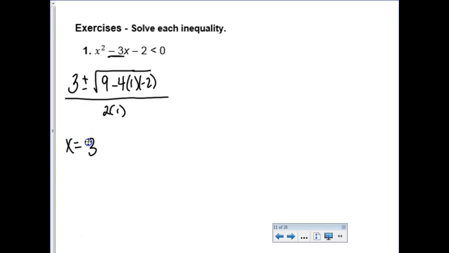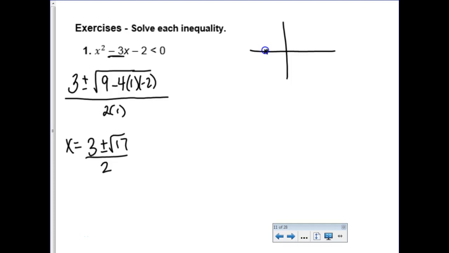So you get square root of 17. So 3 plus and minus square root of 17 over 2. Now, that's gross. 3 plus square root of 17 over 2 is something positive, and 3 minus square root of 17 over 2 is something negative. I know that because square root of 16 is 4, and this is even bigger than that, so 3 minus 4 would be negative.